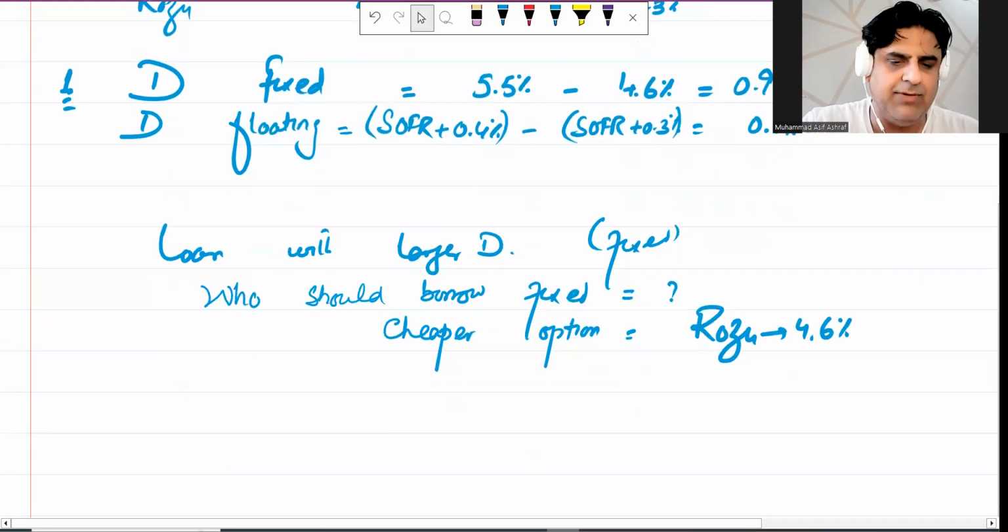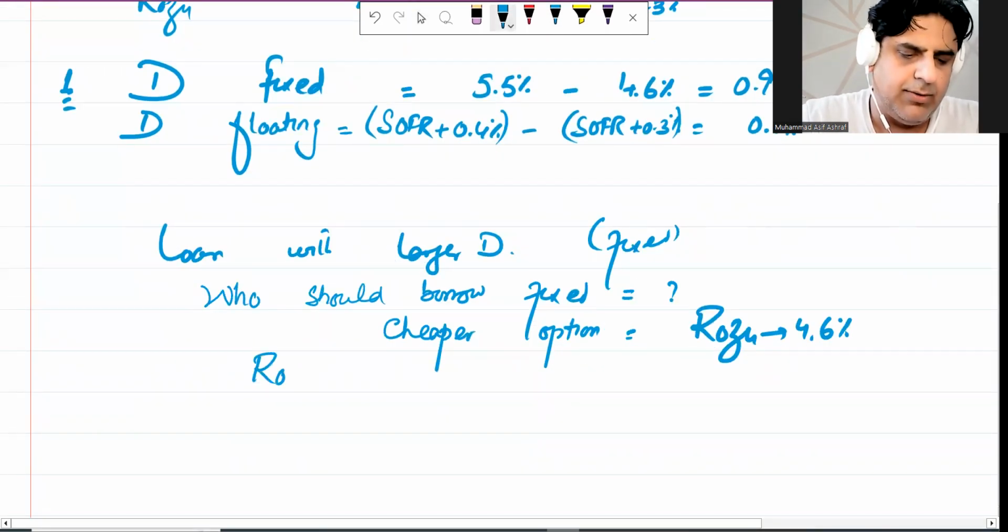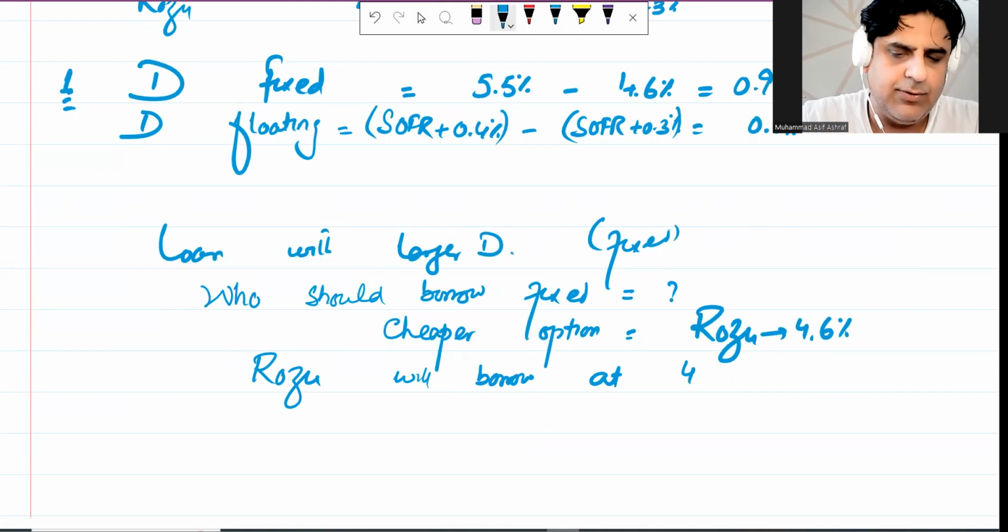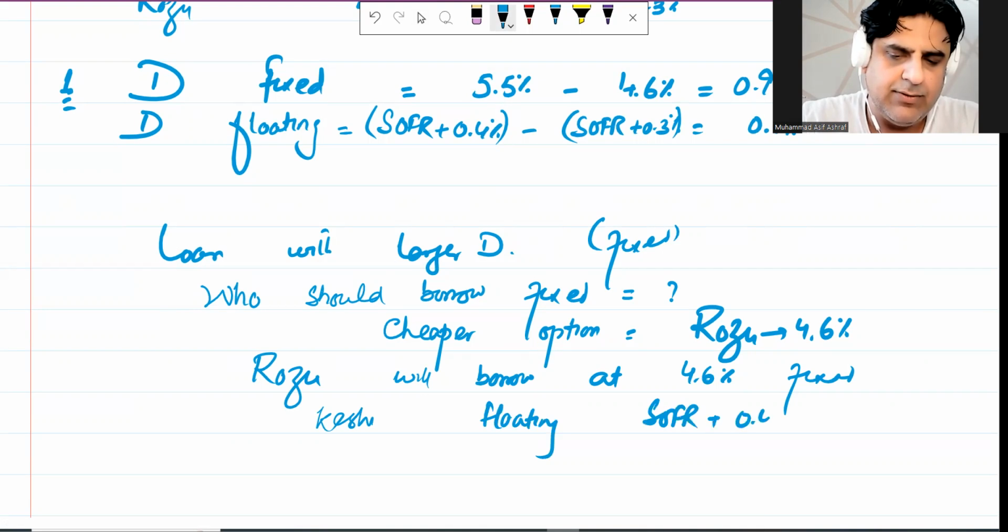So this means we have decided that Rosu will borrow at 4.6% fixed, while the company will borrow at the floating rate, SOFR plus 0.4%.